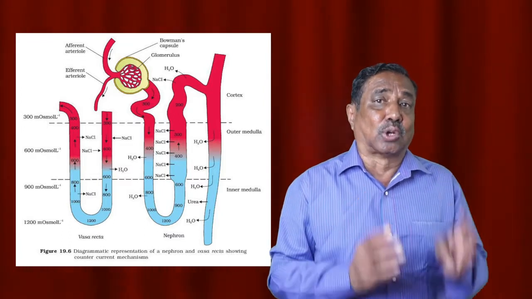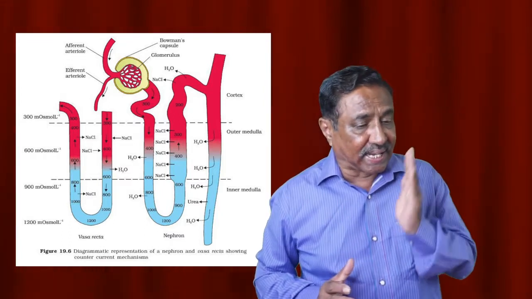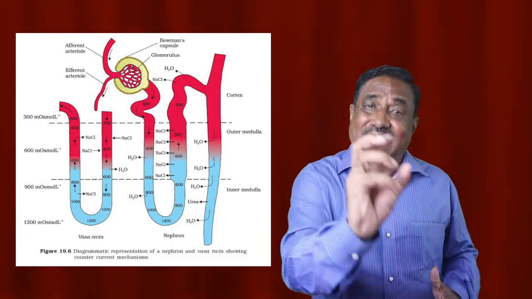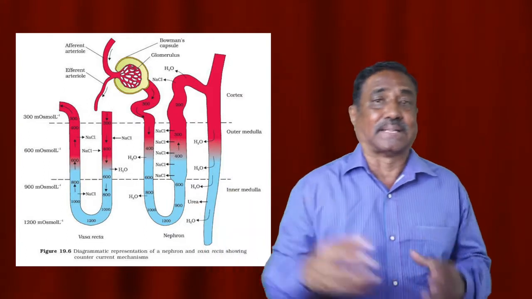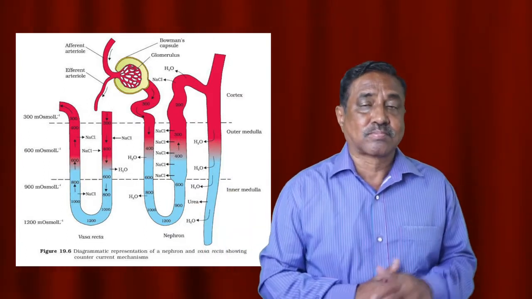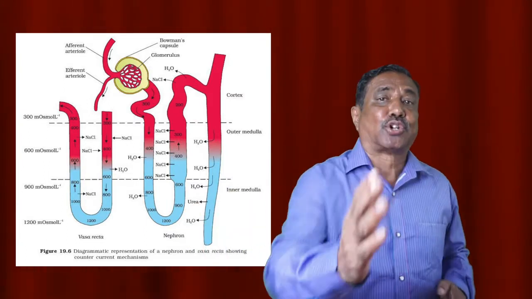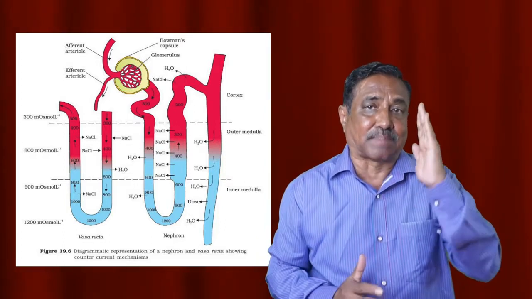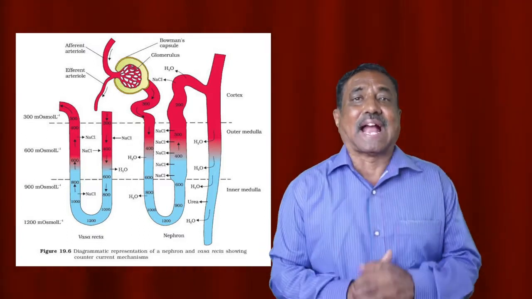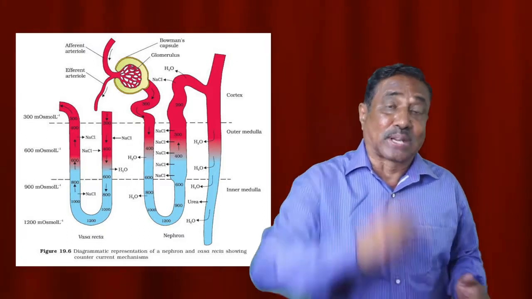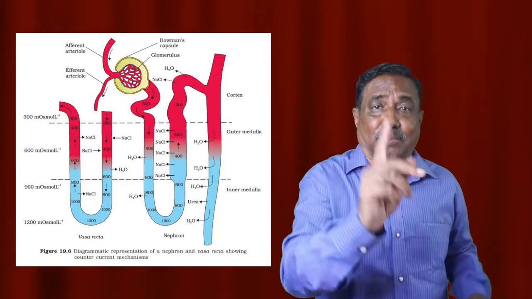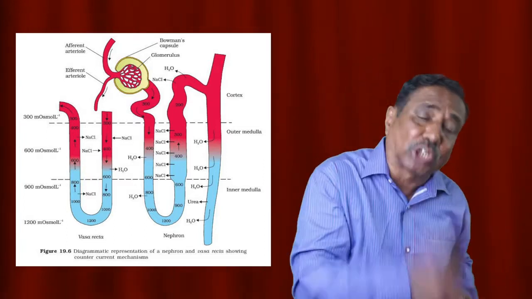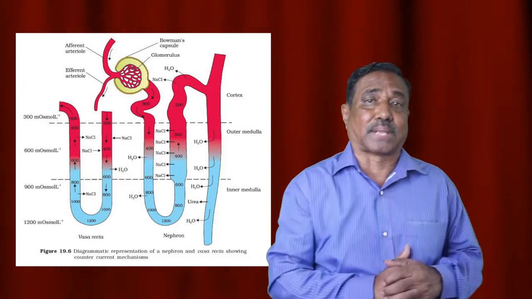Glucose and amino acids are reabsorbed along with sodium by active transport, and some nitrogenous wastes are absorbed by passive transport. This is known as tubular reabsorption. As it takes place at the expense of energy, for example amino acids, glucose and sodium, it is called active transport. 70 to 80% of this reabsorption takes place in the PCT and the remaining in the DCT.